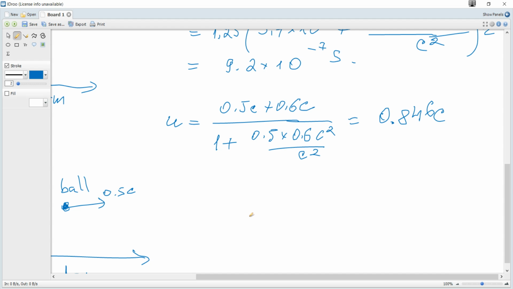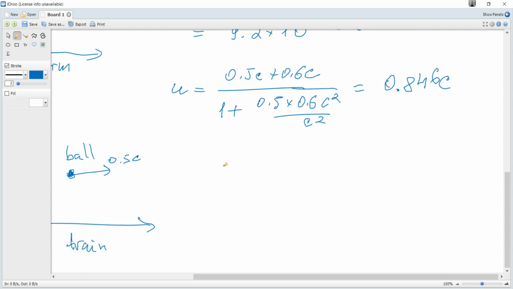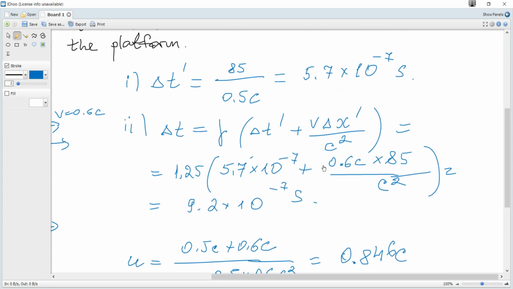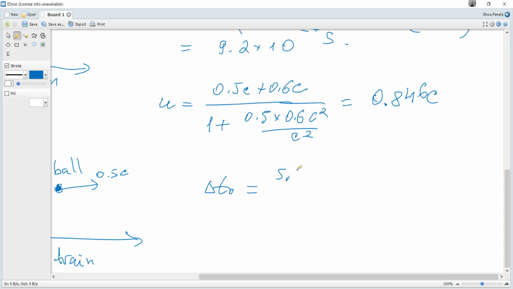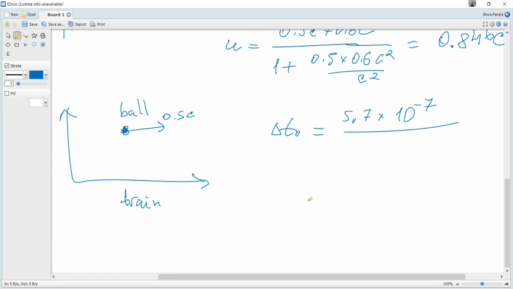And if you divide 5.7 times 10 to the negative 7 by gamma, but what is gamma?